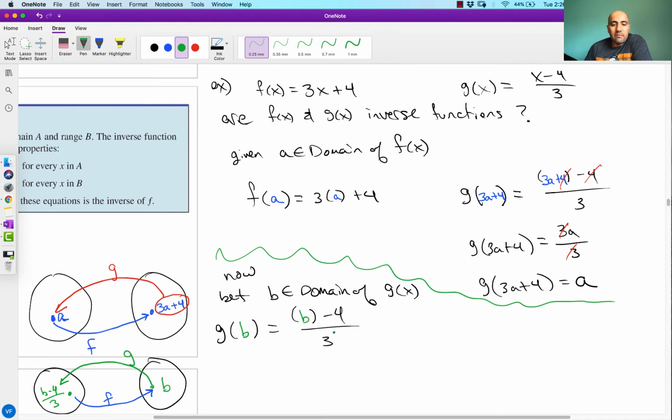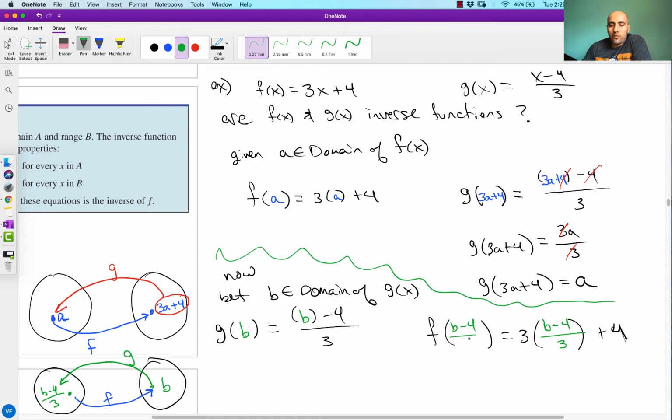And then that's what I want to take and plug into my f function. So now I want to take f of blank. The instructions for f are to triple it and add 4, so it's 3 times blank plus 4. And that blank is going to be this entire thing. So I'm going to plug in b minus 4 divided by 3.